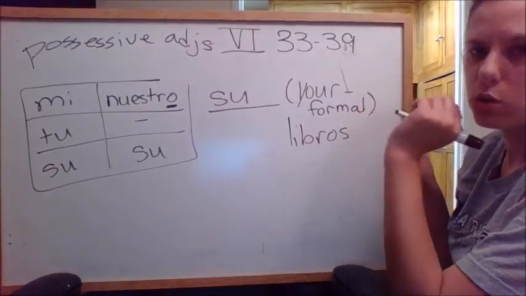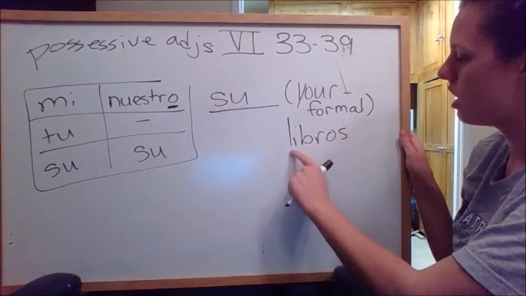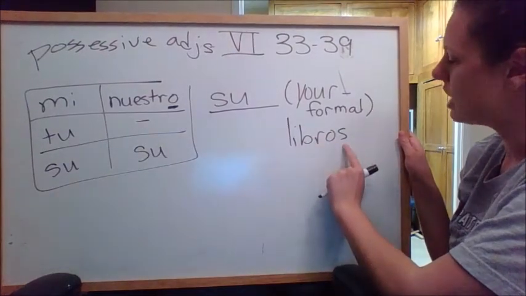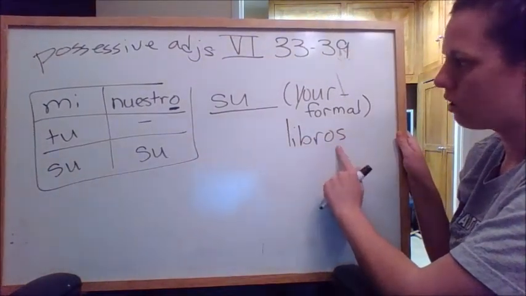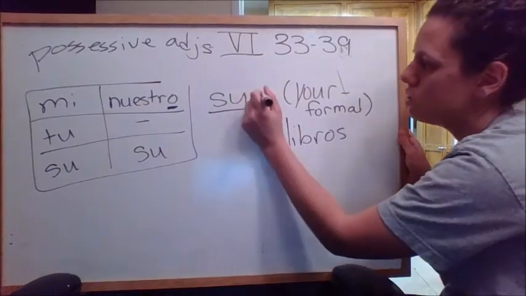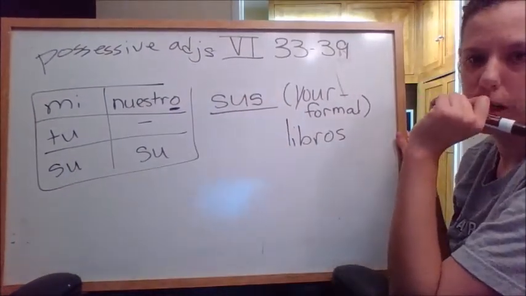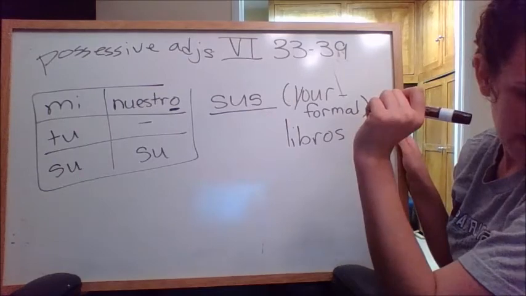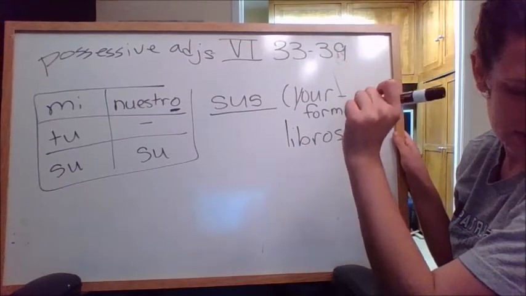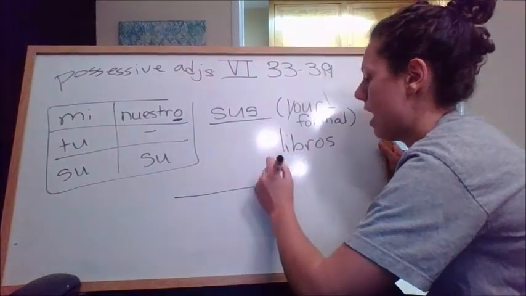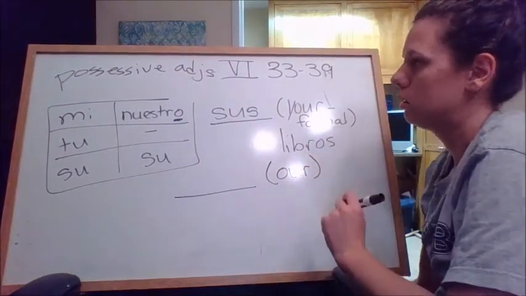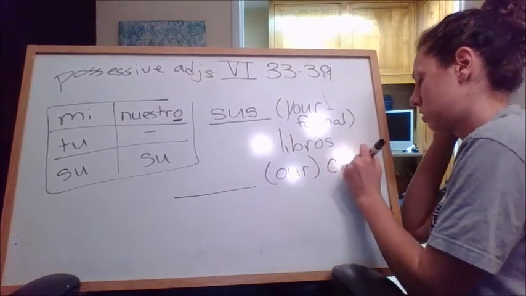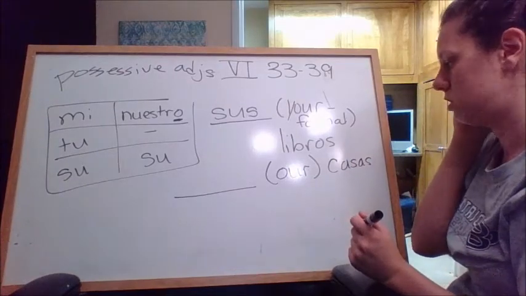But we have to make sure, since it's an adjective, that it matches in number with this noun that it's modifying. So this is a plural noun, so this has to be plural. So all we do is add an S. Okay. Then we've got something like our casas, our houses.